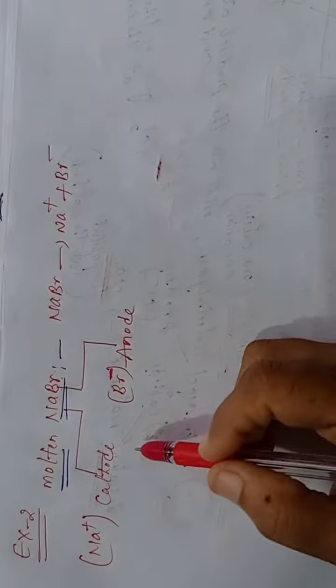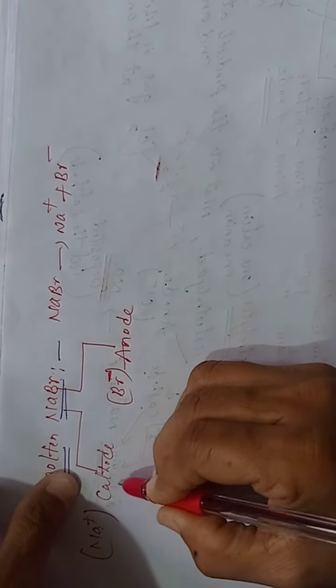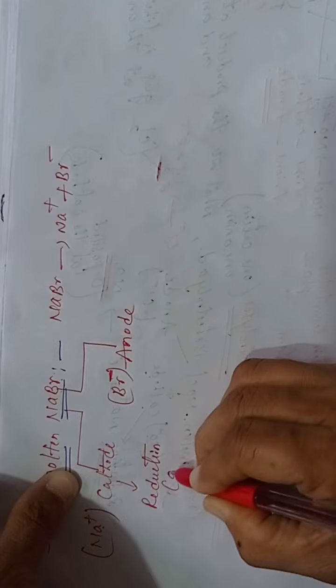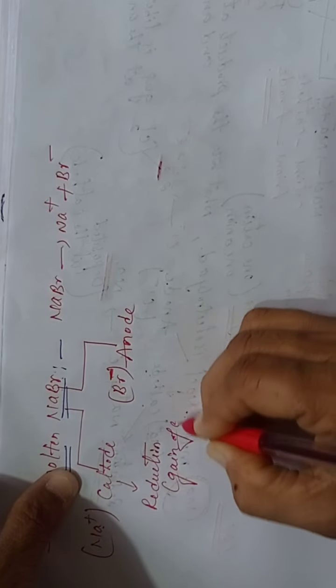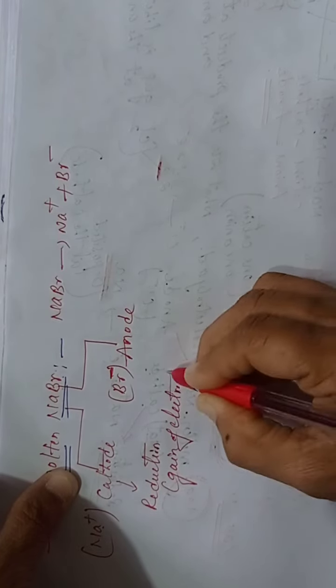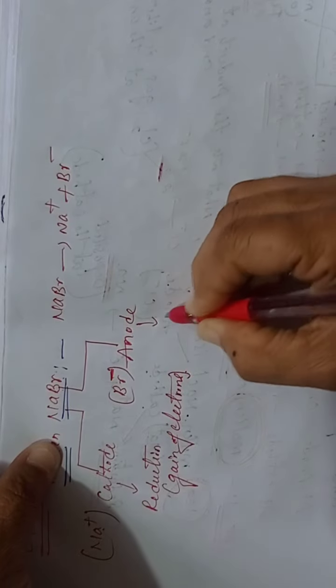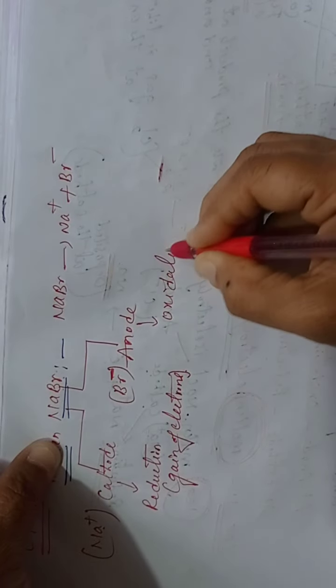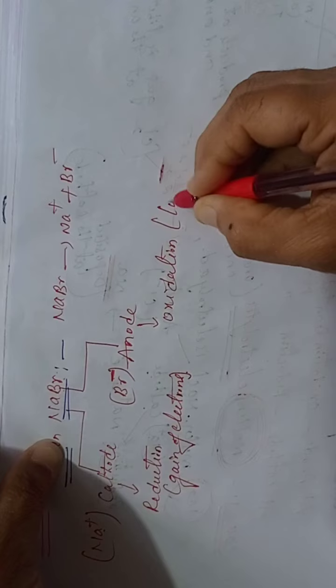Now see, students, at the cathode what reaction takes place? Reduction reaction takes place. Reduction is nothing but gain of electrons. At the anode, oxidation is nothing but loss of electrons.